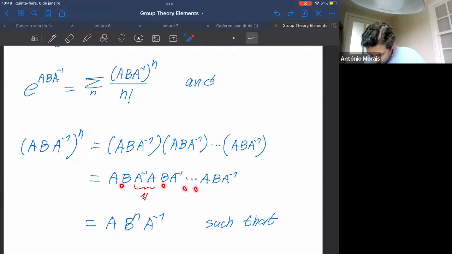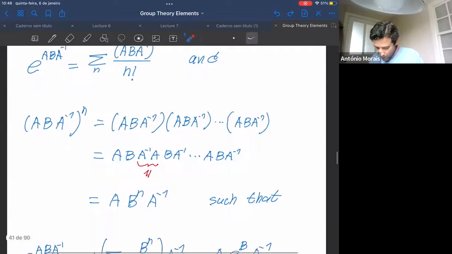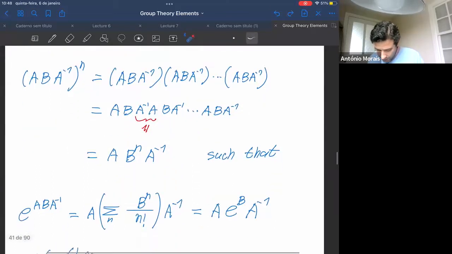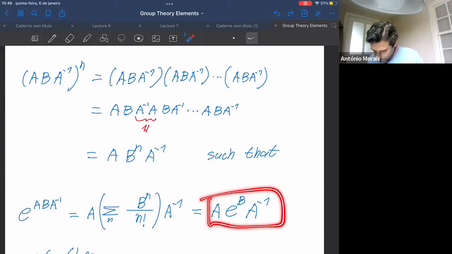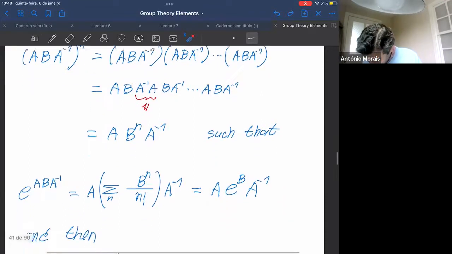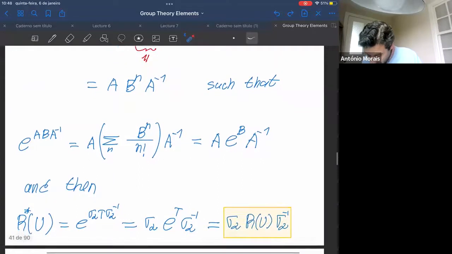So you get several b's here and a's and a minus 1s, the inverse of a, also several times that you can remove because it's identity. And then plugging it in the exponential, you get also a well-known result. So this is a known result.